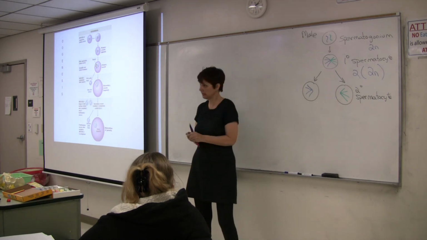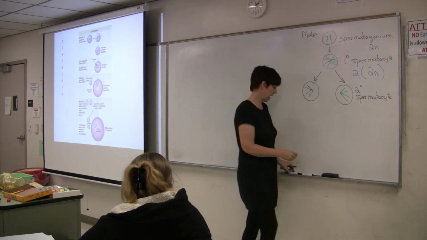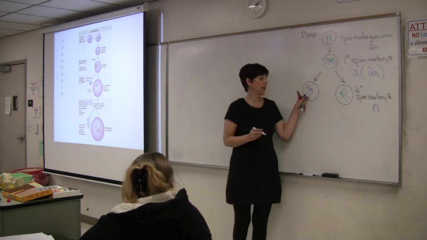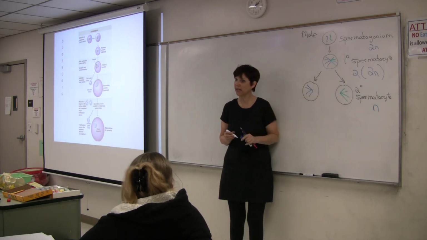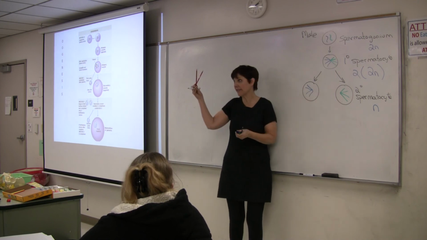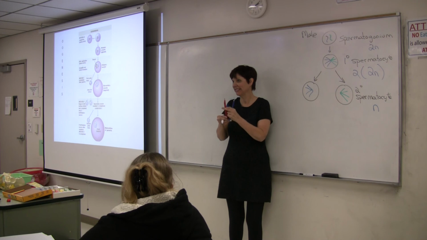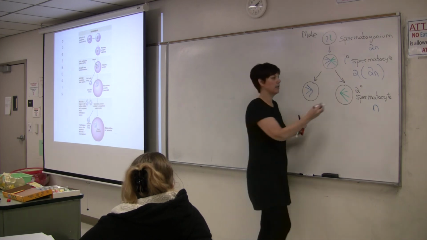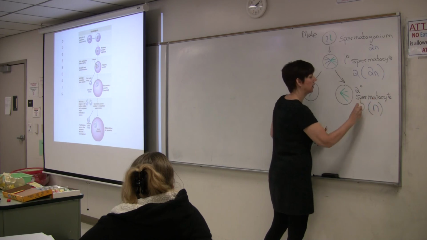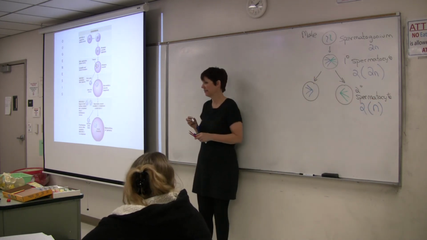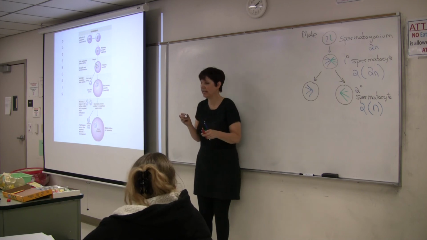So haploid, meaning we now have N. It would be blue or green, all right? But notice we have still two copies of N, all right? Two copies of X or two copies of Y. And so that chromosomal pattern is written as 2N. Does that make sense? All right.